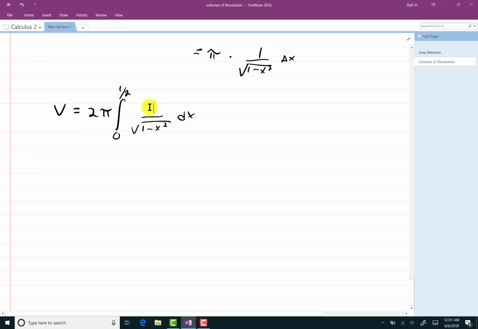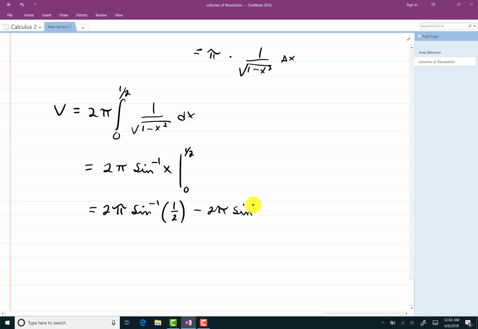The antiderivative of 1 over the square root of 1 minus x squared is arc sine of x. So I'm going to get 2 pi arc sine of 1/2 minus 2 pi arc sine of 0.